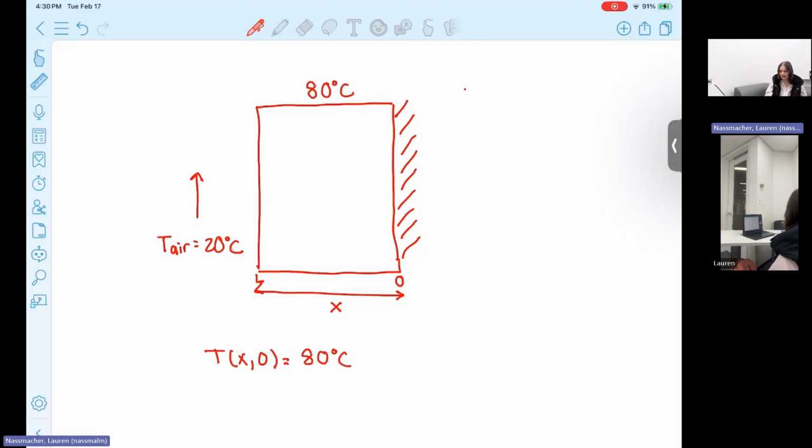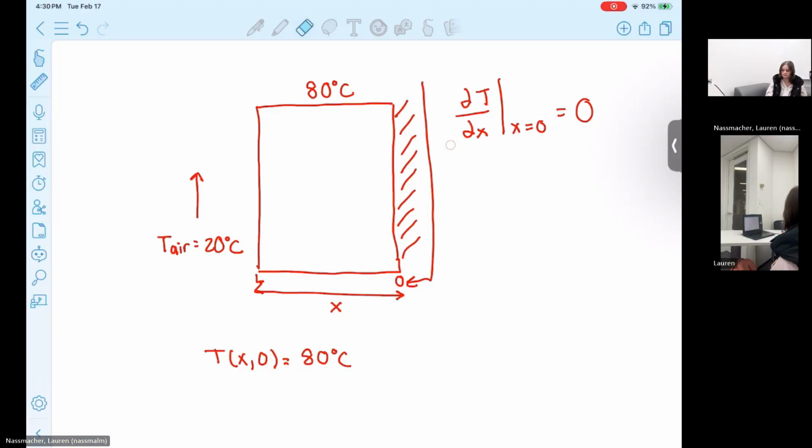That can be written out as the temperature gradient at x is equal to 0, this side, right, is equal to 0. This is known as a Neumann boundary condition.